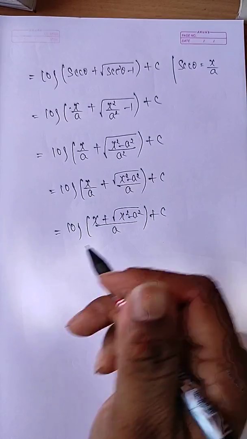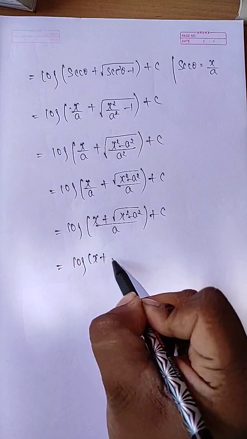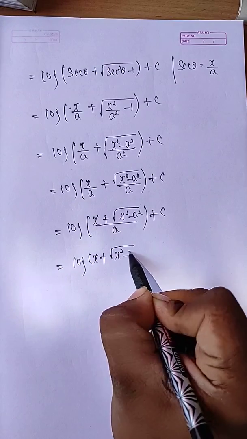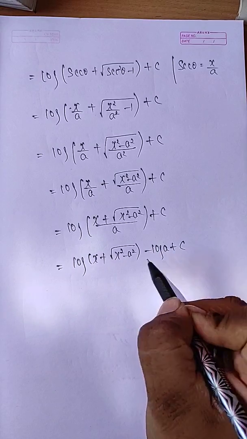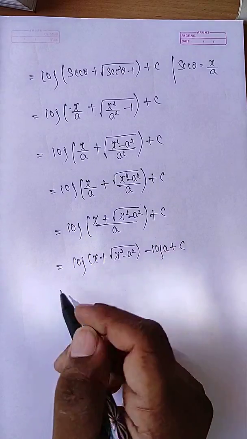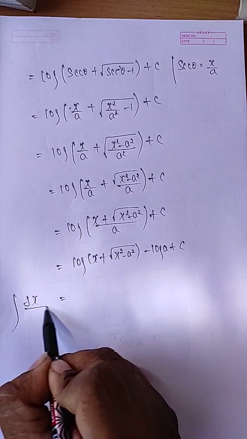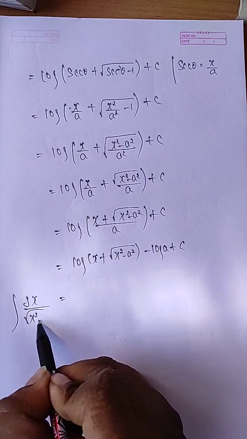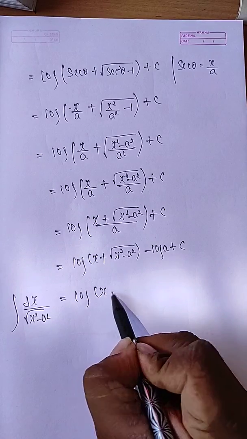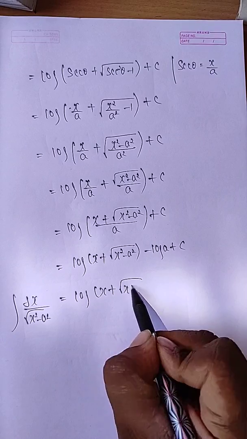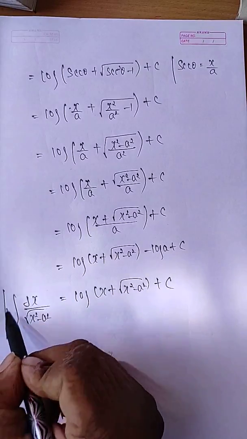Log m minus log n, so log of x plus root of x square minus a square minus log a plus c. Log a is a constant; when a constant is added to a constant, you get a constant only. It means integration of dx by root of x square minus a square is equal to log of x plus root of x square minus a square plus c. So this is the proof.